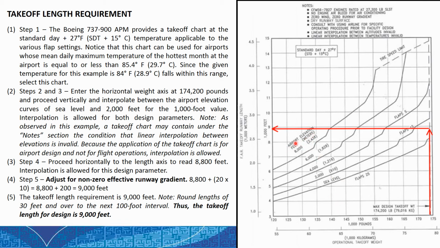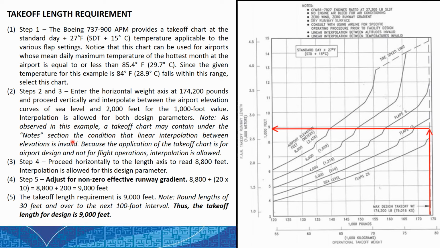So we have here sea level, 2,000, 4,000, 6,000 and 8,000 feet, and because our airport design has 1,000 foot elevation, we will just interpolate between the sea level curve and the 2,000 feet airport elevation curve here.